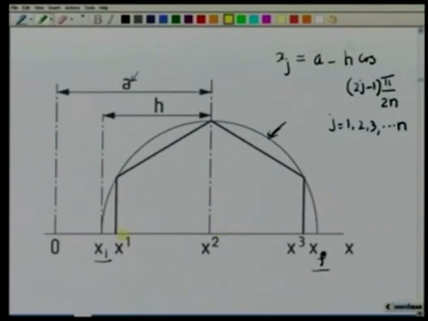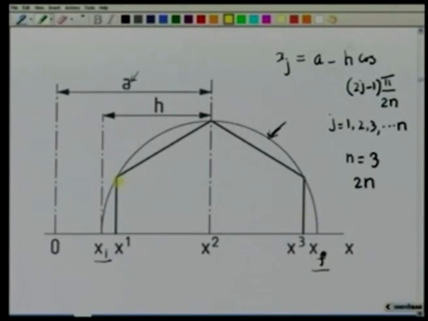Because n equal to 3, we have drawn a regular polygon of 2n number of sides, that is a hexagon, such that 2 of its sides are normal to this x-axis.